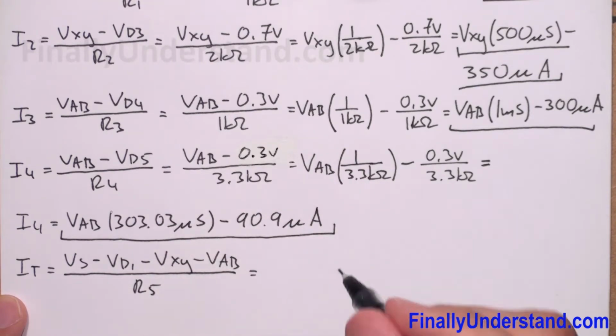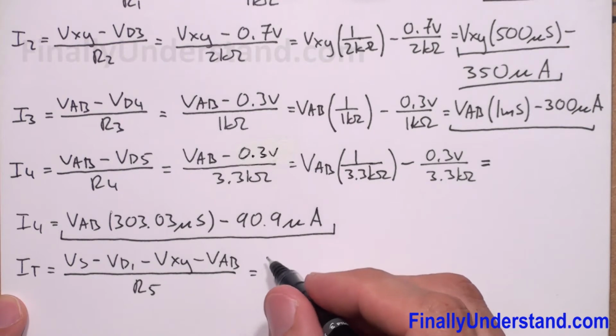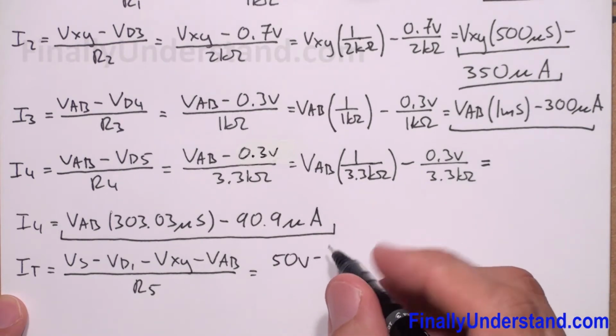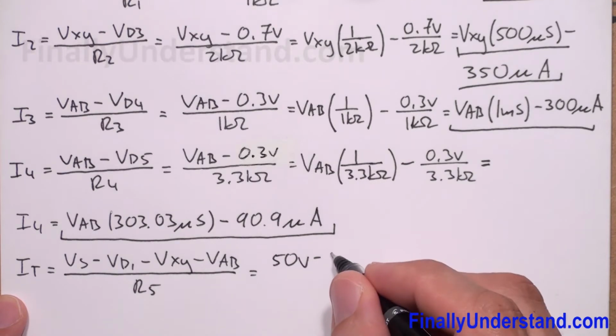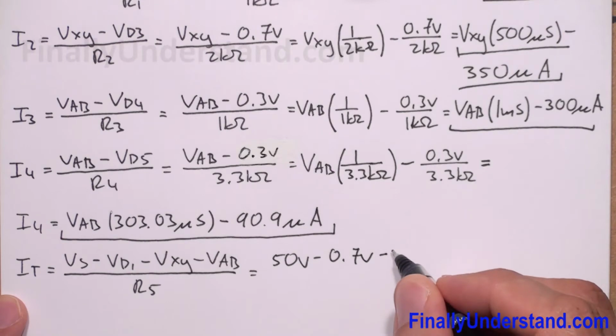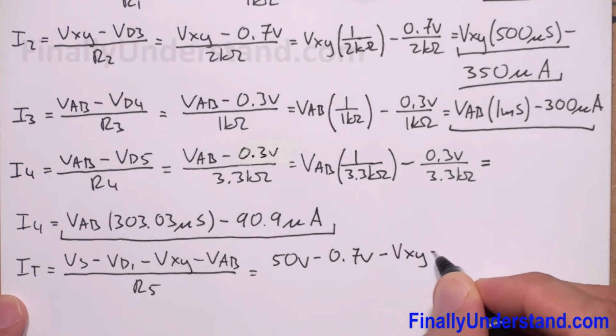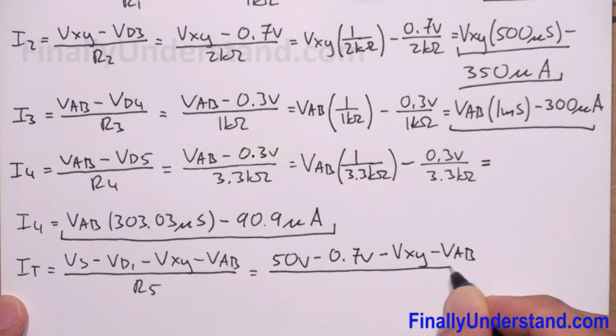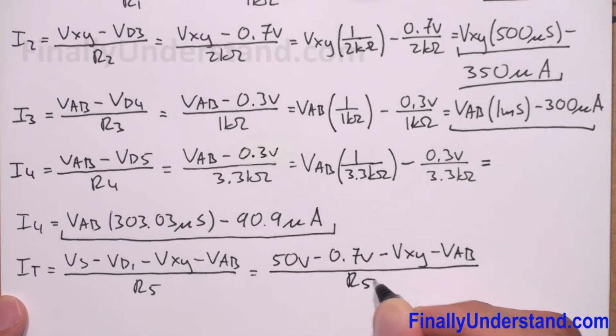So what I have, the voltage source is equal to 50 volts minus VD1, which is a silicon diode, so this is 0.7 volts, minus VXY minus VAB over R5.